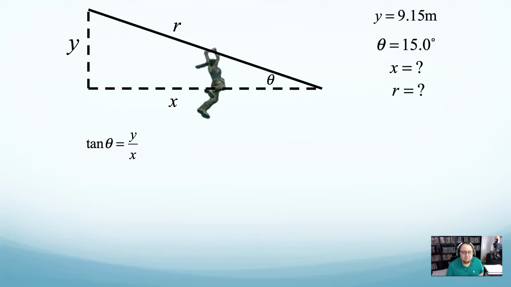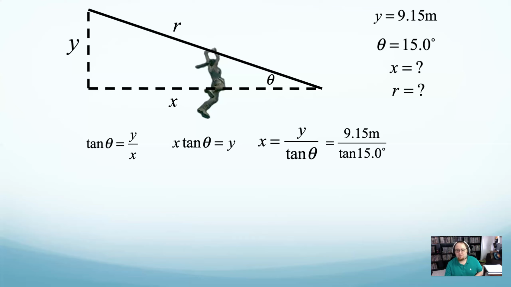So I'm going to multiply both sides by x. I will then divide both sides by the tangent of theta. And I'll say x is y divided by the tangent of theta. And I'll just plug numbers into this. 9.15 meters divided by the tangent of 15. And I'll get my value for x. Any questions here?